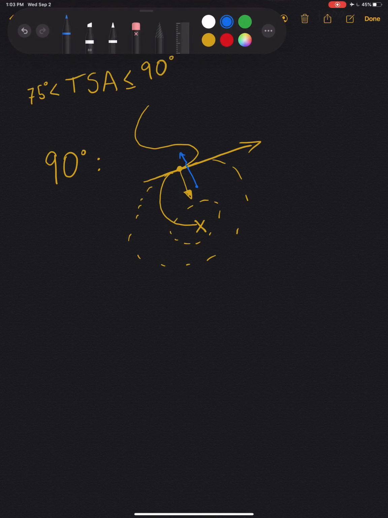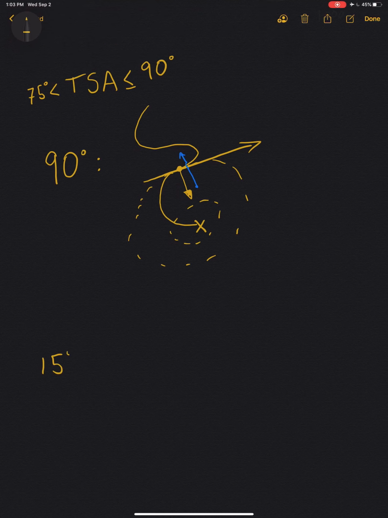By contrast, let's say a 15-degree trail slope alignment angle looks like this. In the same situation, where we have a peak and a couple of contour lines around it showing the elevation dropping as you move off the peak, and a trail that is moving in a very direct approach manner.